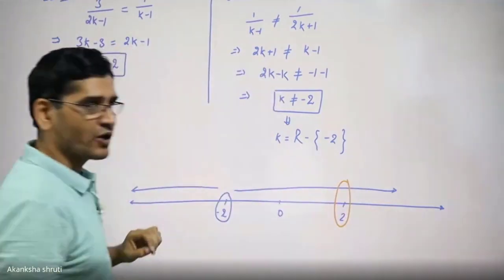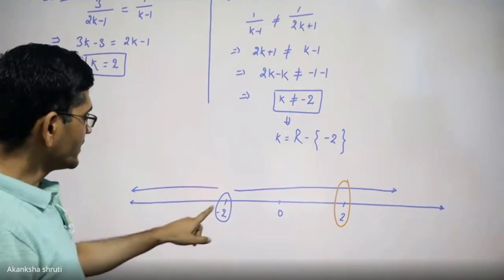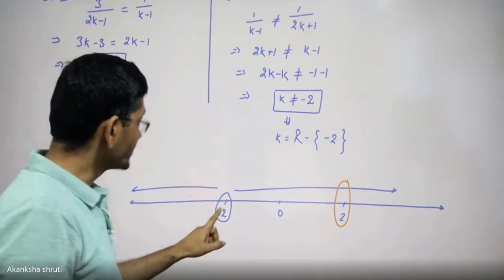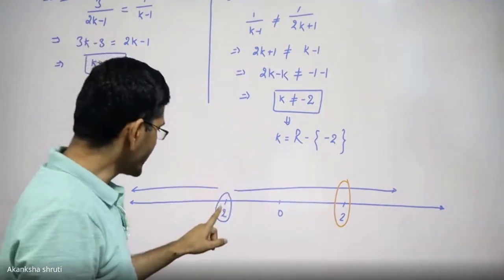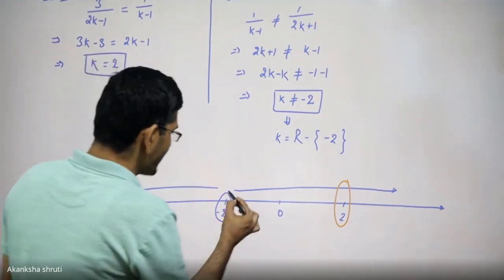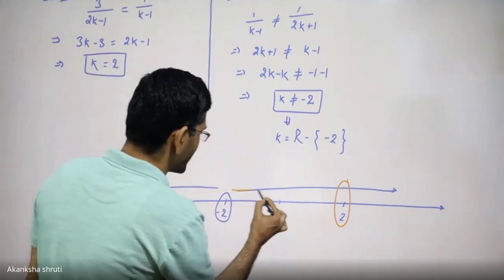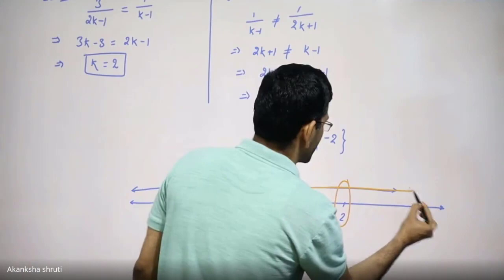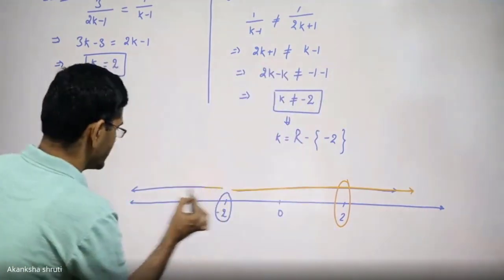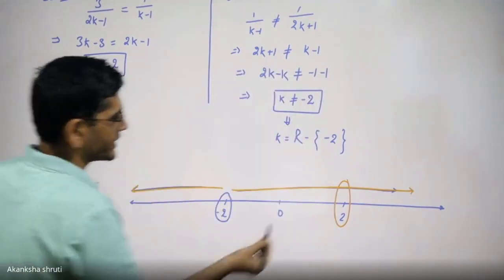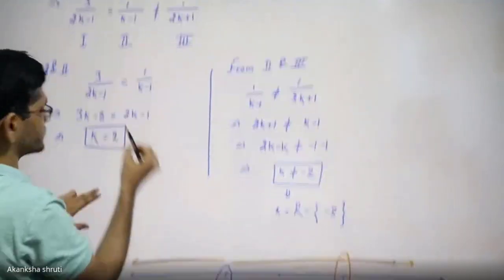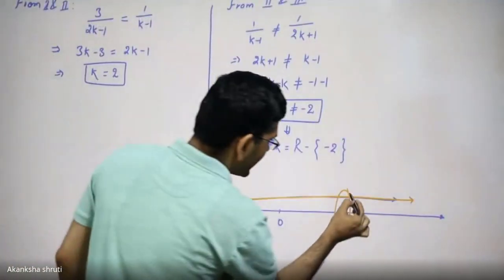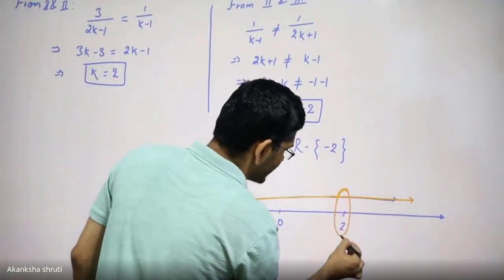So what we have observed, students, understand once more. For no solution, k can have any values, from here to here, this tells. And the first two ratios tell that k shall have only this value 2.